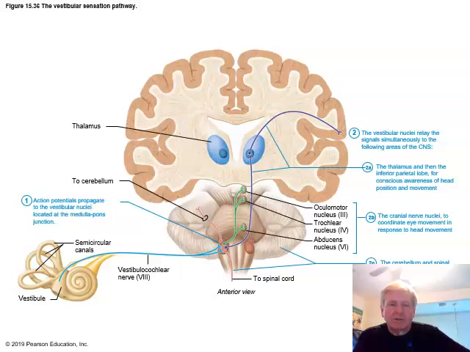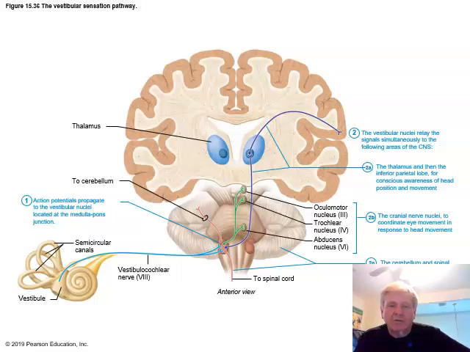You also have the cranial nerves 3, 4, and 6. So the cranial nuclei will coordinate the eye movement in response to the head movement. That's the reason you have relays to those nuclei, 3, 4, and 6. But the cerebellum will also help to coordinate the muscle movement that maintains balance in response to this head movement.